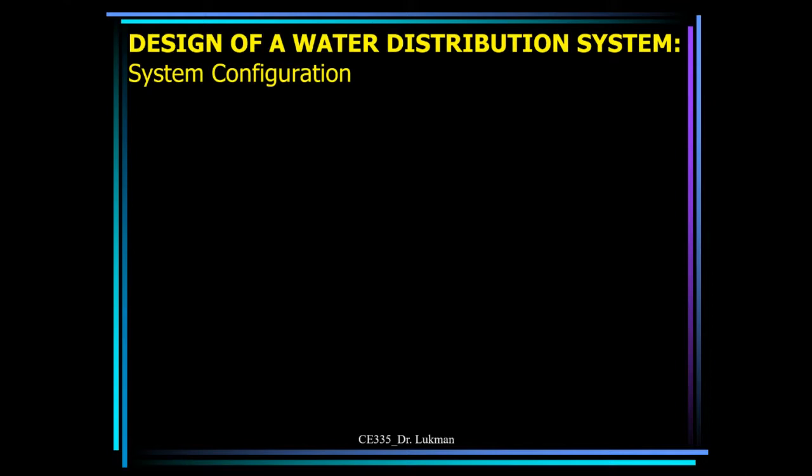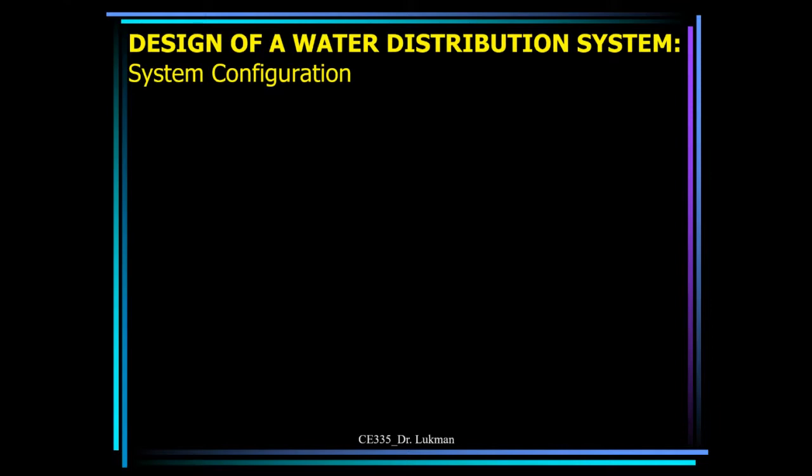Okay, from the intake to the treatment plant, to the distribution system, and then tried to analyze the design capacities. We look at the population forecasting, and the per capita water consumption. That is how to determine the water demand of a community. Okay, that was how we started. And now we are ending with the distribution system.